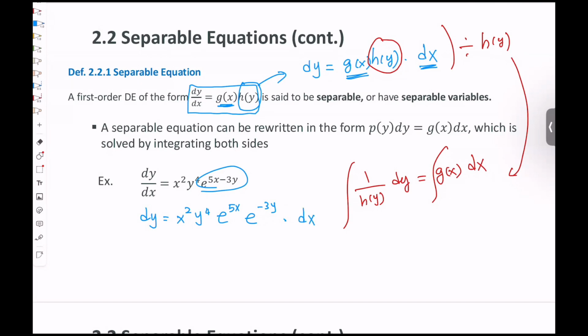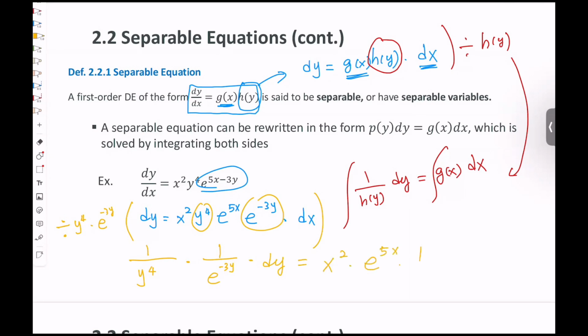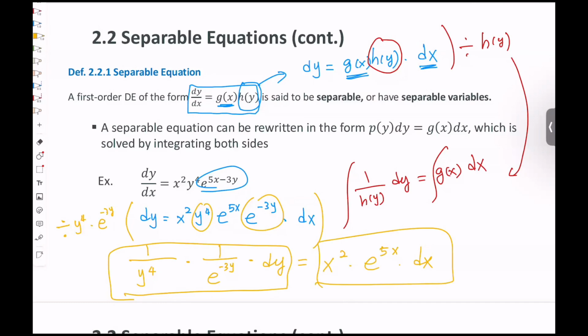On the right side, we don't want to have any y terms, so I'm going to divide by y to the 4 e to the negative 3y. Then 1 over y to the 4, 1 over e to the negative 3y times dy equals x squared e to the 5x times dx. So it is separable because we have all the y terms on the left-hand side, all the x terms on the right-hand side.